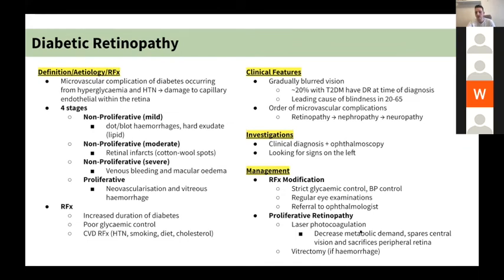By decreasing the metabolic demand, you're sparing the central vision. You're killing off the peripheral bit of the vision because it's not really doing anything. It's all poor anyway, just to spare that central part. And if they've had any hemorrhage or bleeding, you can take that out as well.